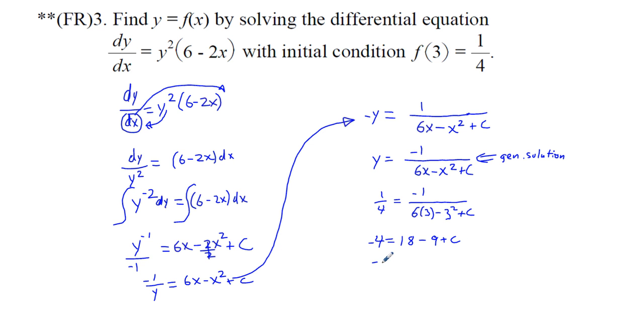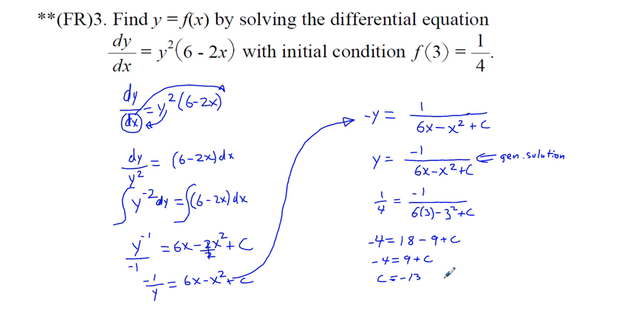So we have negative 4, and 18 minus 9 is 9 plus c. And if we subtract 9 from both sides, we're going to have c is equal to negative 13.